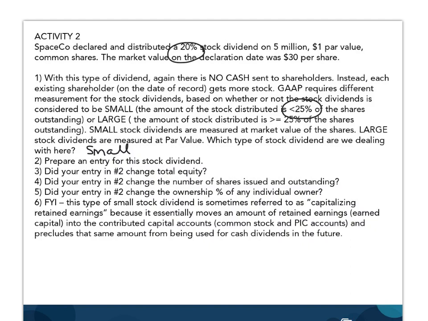Okay, it's less than 25%. So I ask, to do an entry, and what I told you in item 1 was how the entry is going to work. If it's a small stock dividend, we're going to require that it be measured at market value of the share. So the problem gives us the market value, and once I have a market value, I can do an entry similar to what we did with issuing shares originally.